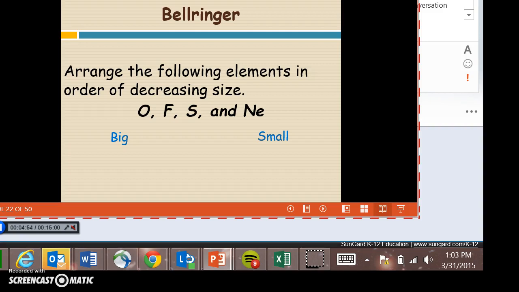As you work your way from sulfur to oxygen to fluorine to neon, that is the order that should be in order of decreasing size. Because sulfur is far from helium, it's the largest, and neon is close to helium, it's the smallest. The other two are in the middle. I'm going to give you guys 30 seconds.